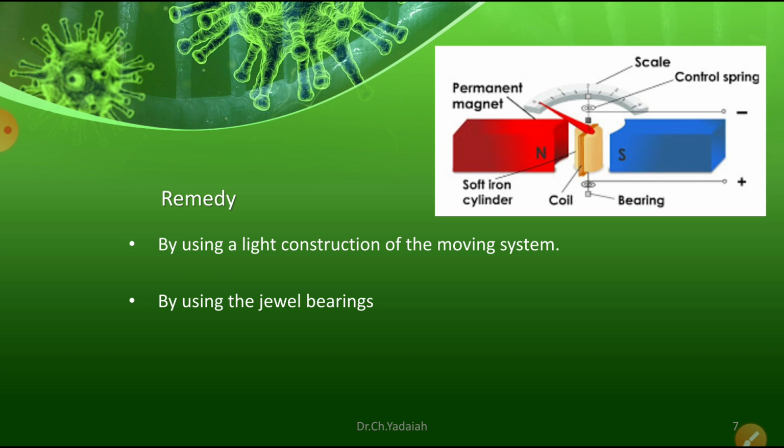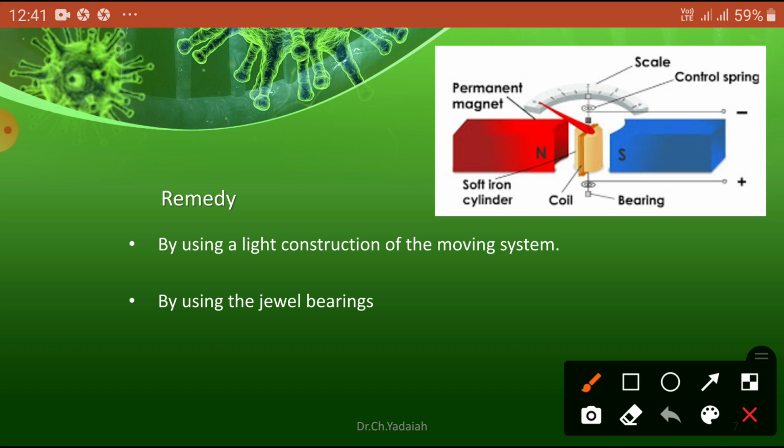frictional loss. At the same time, it is possible for dust to fall in between the pivot and bearings, so there may be friction. That is why we keep this instrument in a dust proof case. Keeping the moving system in a dust proof case can reduce the frictional losses.